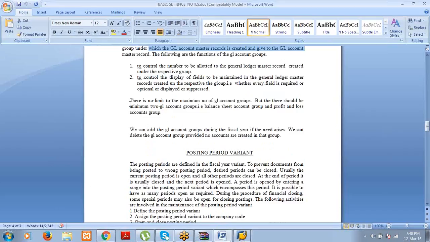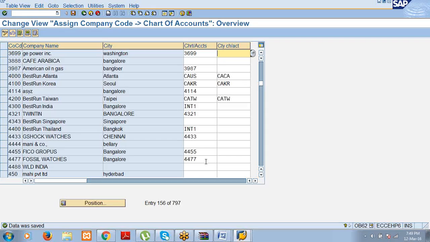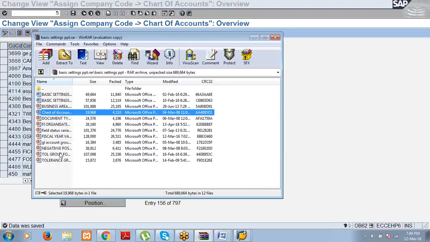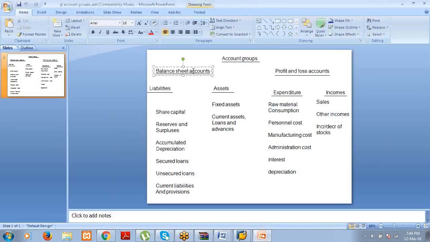Then there is no limit to the maximum number of GL account groups. You can create any number of account groups, but there should be minimum 2 GL account groups: balance sheet accounts group and profit and loss accounts group.